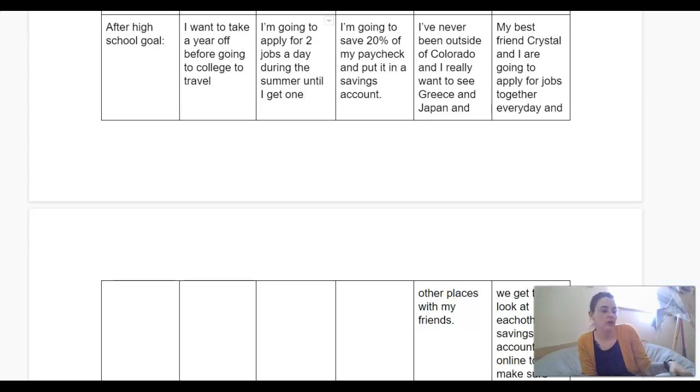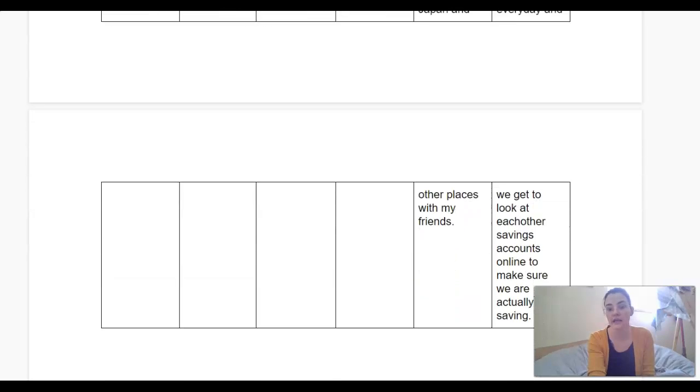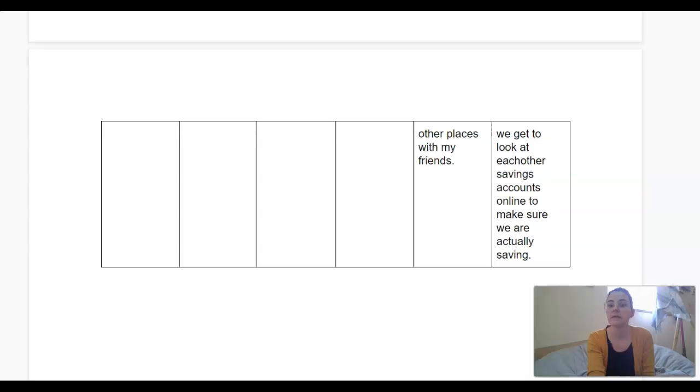So time-bound: my best friend Chris and I are going to apply for jobs together every day, 2 jobs, and then we get to look at each other's savings accounts online, through our other portal, to make sure that we're actually saving. So you could look at your friend and say, hey, you only saved $5 this last week. And your friend might say, I know. It's just like having a regular reminder: yeah, I need to do that.